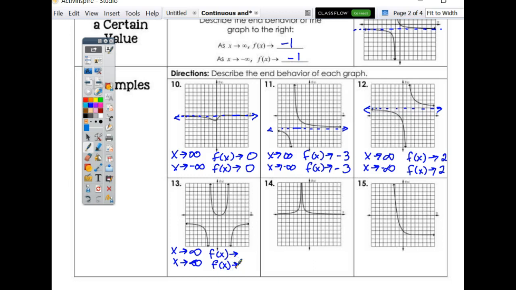As x goes to infinity, first of all, I'm going to draw in my horizontal asymptote, which is right here. So as x goes to infinity, I go to negative 2. And on the negative side, I also go to negative 2. What am I going to on both sides here? 0.